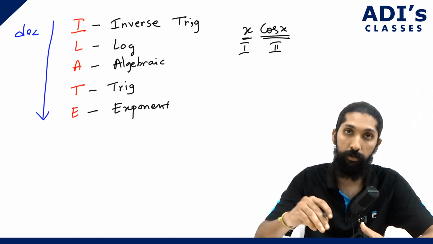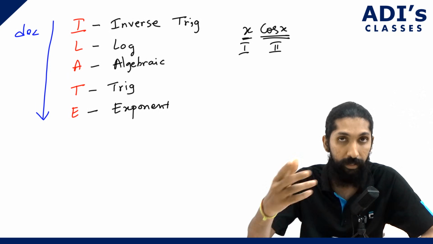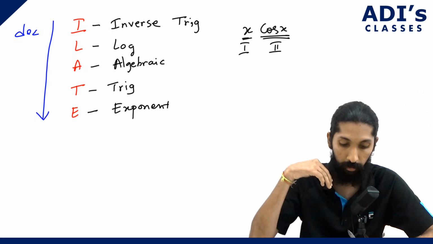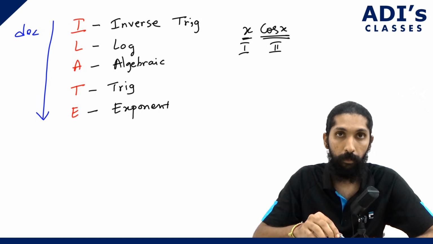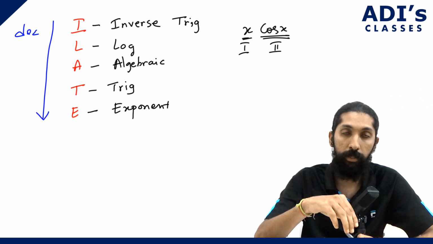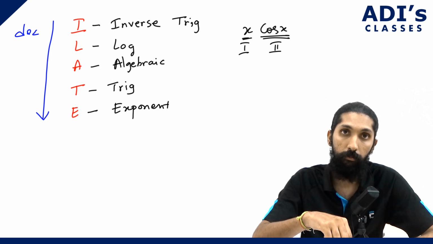The precedence reduces. Okay, now there is a reason why we take it this way also. Because of certain range and domain, we are going to take this particular precedence. Understood? Like if you take sin x, cos x, tan x, any of the trigonometric functions, they are all repeating functions. Correct?